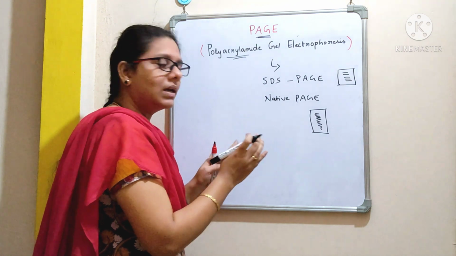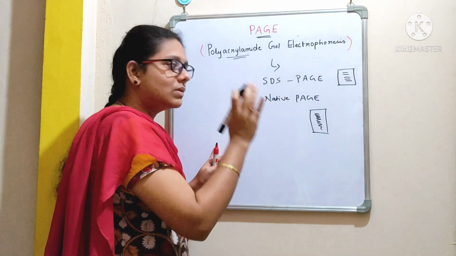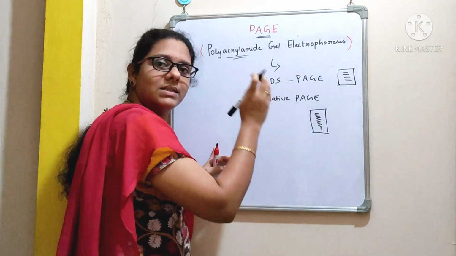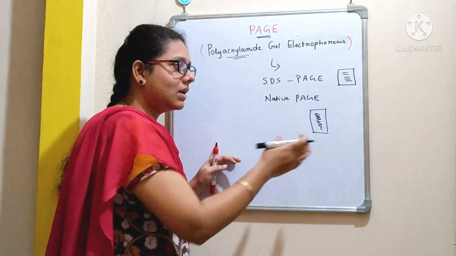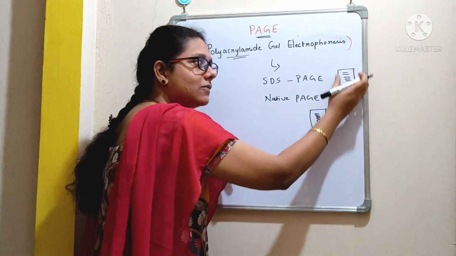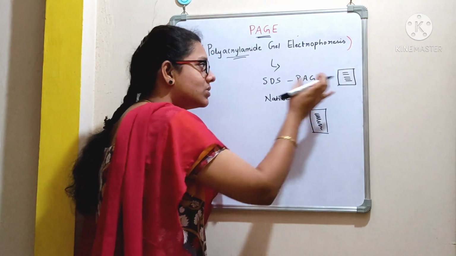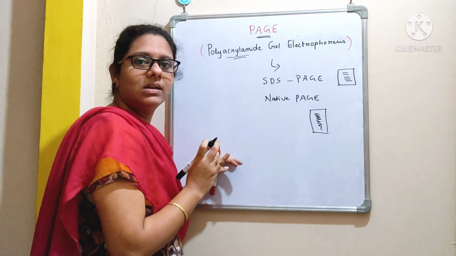Okay, is it clear? In native PAGE there is no step of denaturation, but in SDS-PAGE we can easily visualize sharp protein bands because of the denaturation with the anionic detergent, sodium dodecyl sulfate.